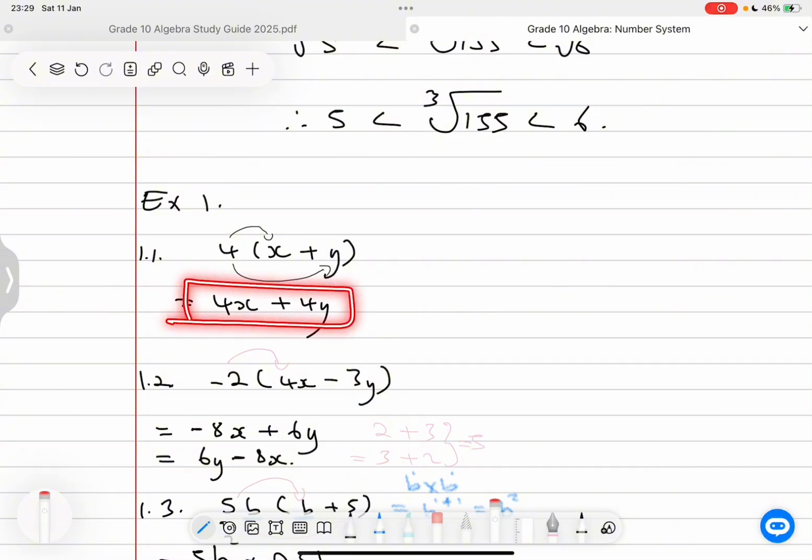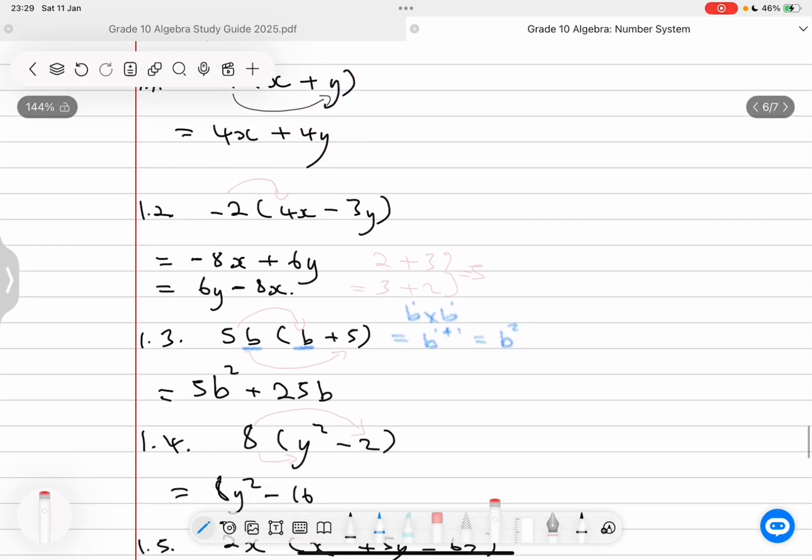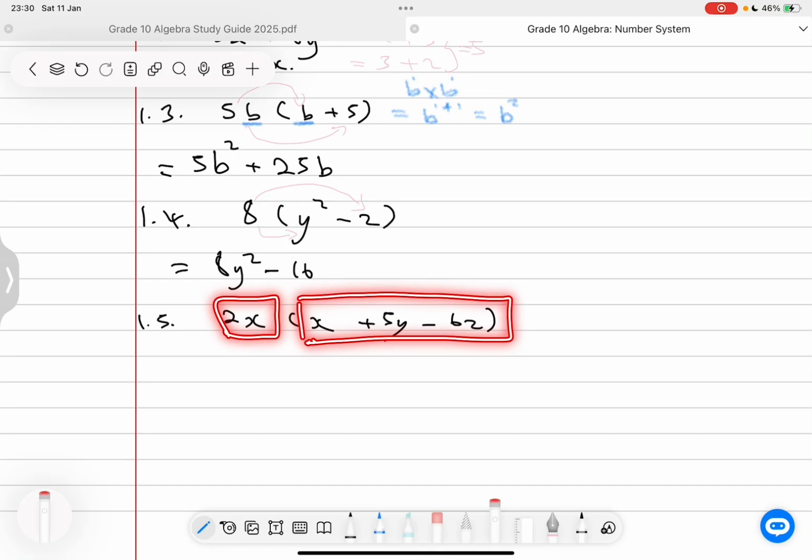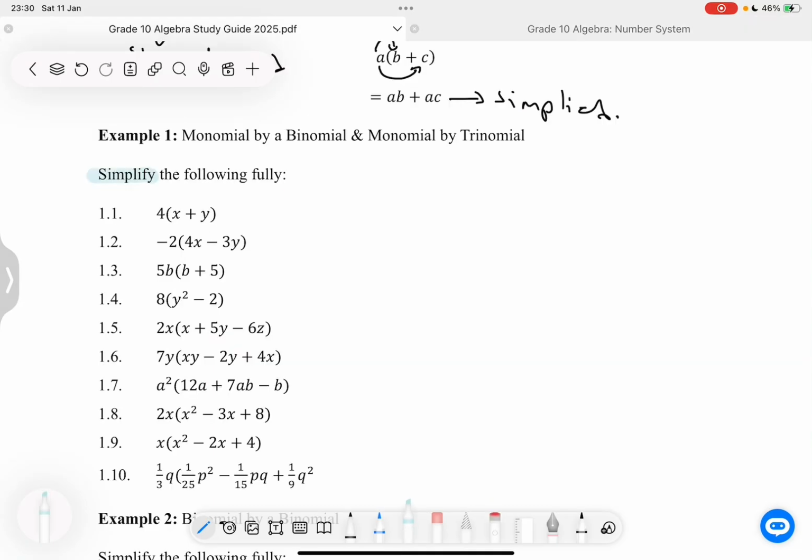So this answer here is what we call a product, right? Because it's a result of multiplication. It's what we got when we multiplied these two terms. But when we get at this stage, it has actually changed. We have a monomial times a trinomial. It means now we are doing a monomial multiplied by a trinomial, right?